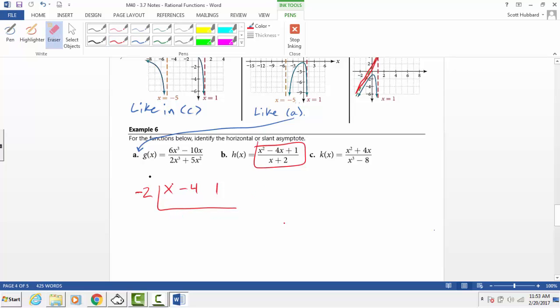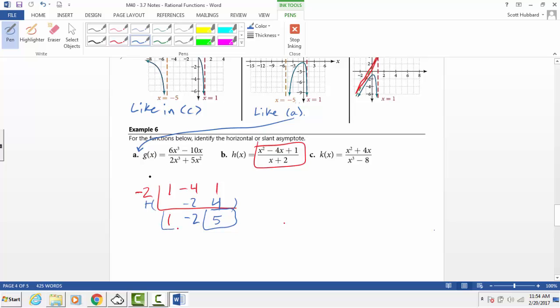Not x, sorry. Just 1. Bring the 1 down, and then go from there. Add these, and you get -2. You add that, and then you get -2. And then you get +4. And you get +5. Okay?